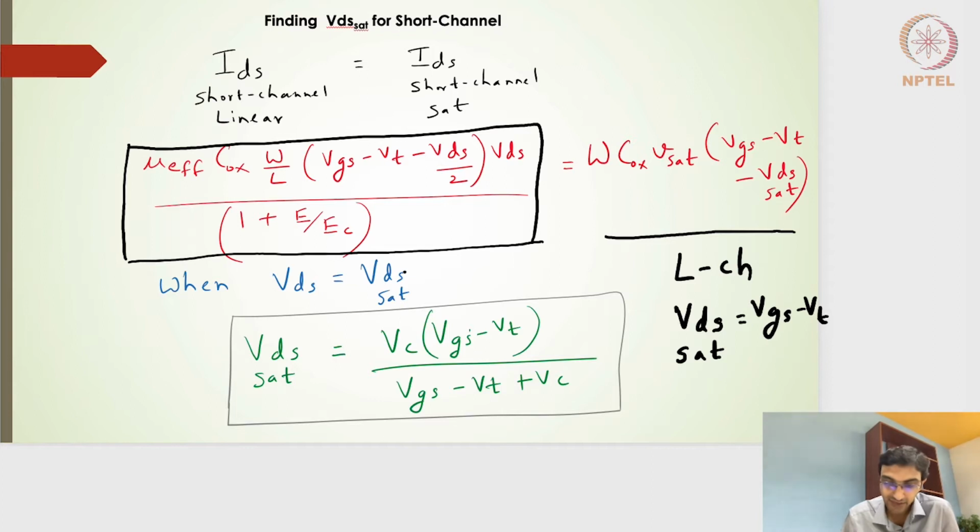To arrive at that VDS saturation expression, what we do is very similar to what we had done for the long channel. Equate these two current expressions, because the current profile is still continuous, and at the point where it transitions from the linear region to the saturation region, the solutions for both expressions should be the same.